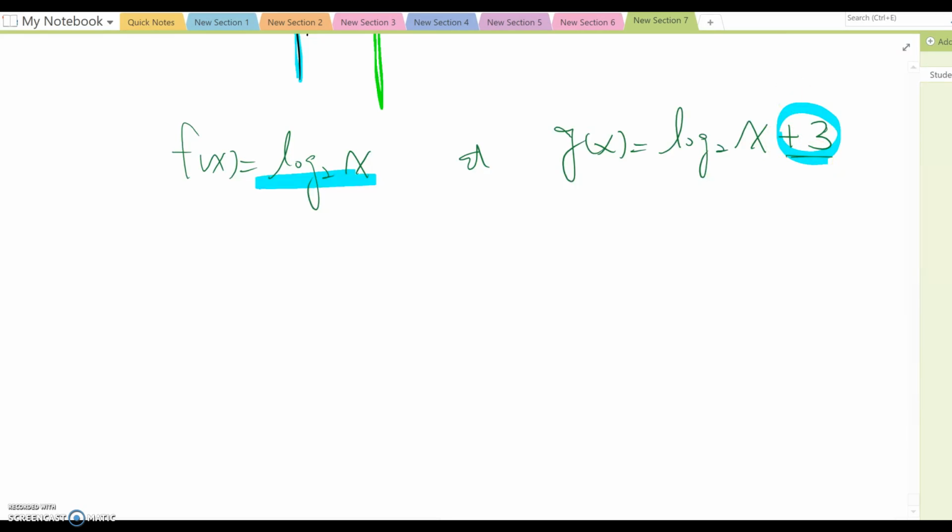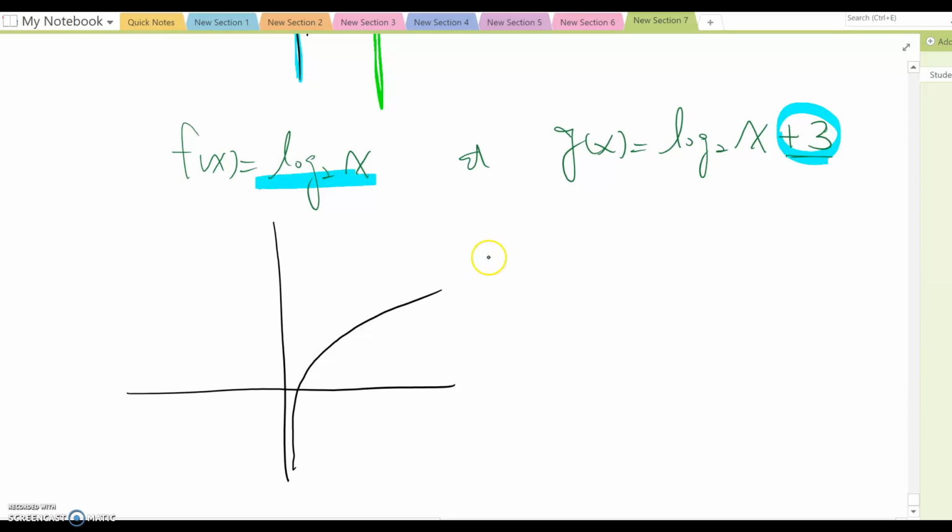Okay, so the original function is this one, and then we have a known point which is (1, 0) here. So now we can transform based on this point value. So go up 1, 2, 3. So it will pass through this point here.